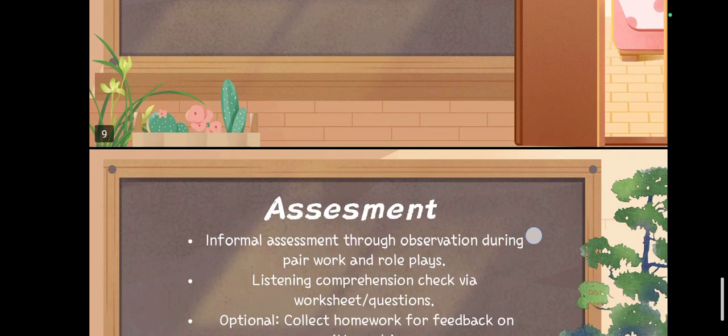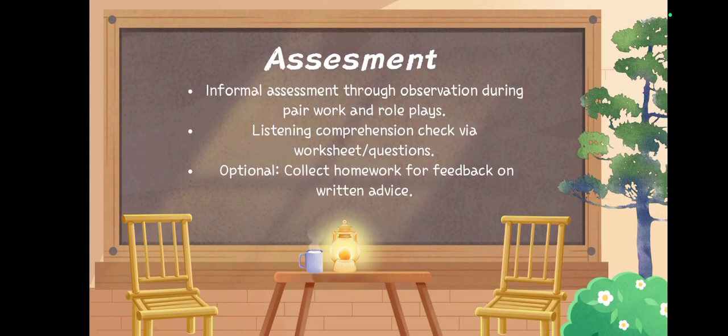Here are the few assessments that will be assigned to this class. The first one is informal assessment through observation during pair work and role plays. I will assess you based on how well you do in pair work and role plays.